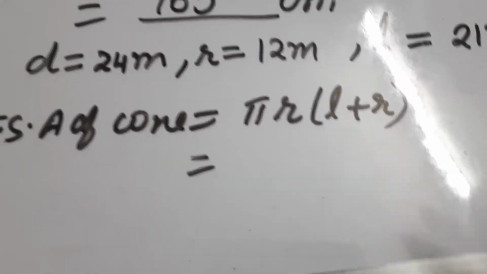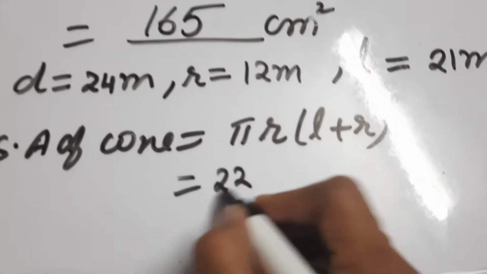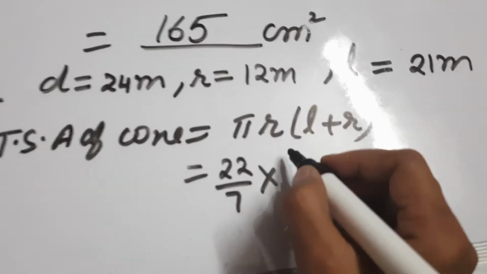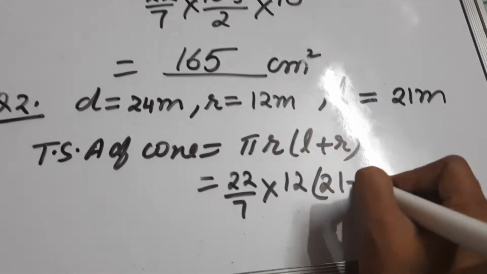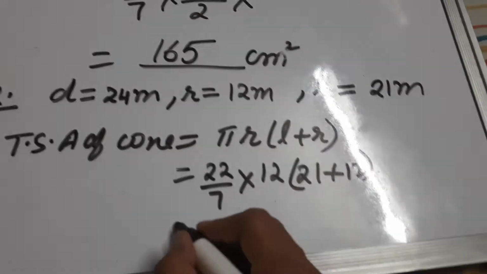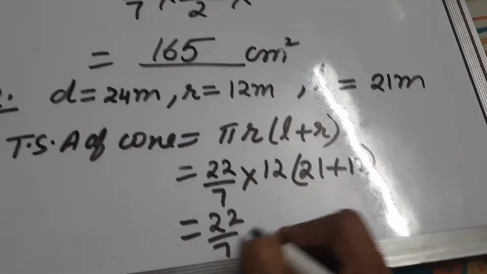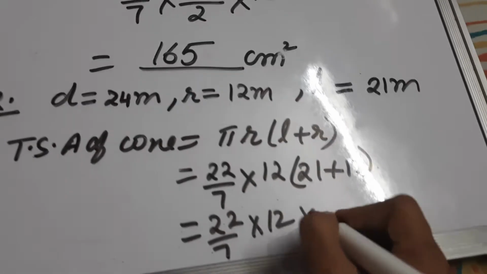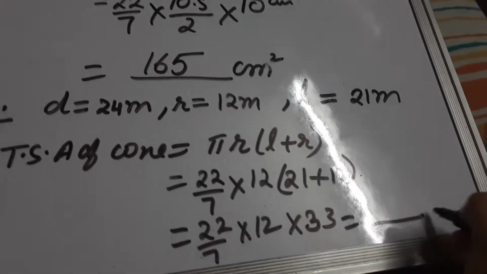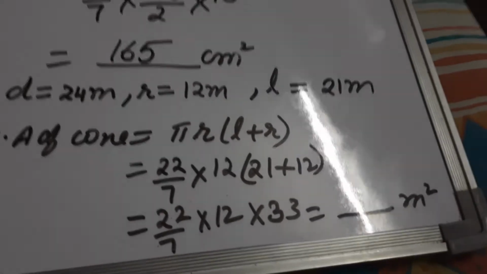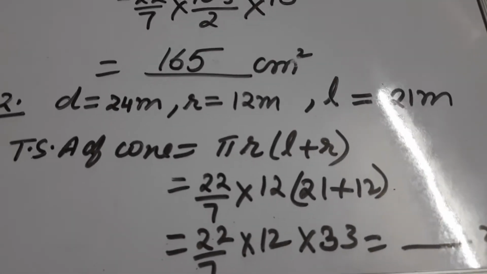So let us find out. 22 by 7 into radius 12 into slant height 21 plus radius 12. So just solve it. 22 by 7 into 12 into 33. By solving it you will get the answer in meter square, right?